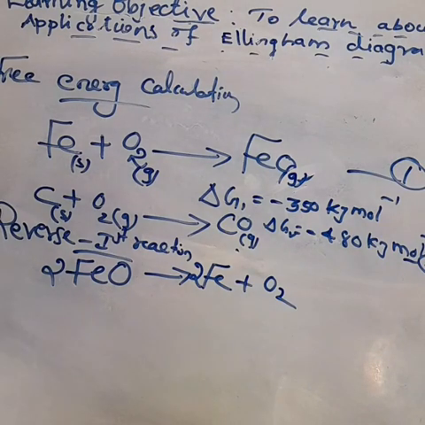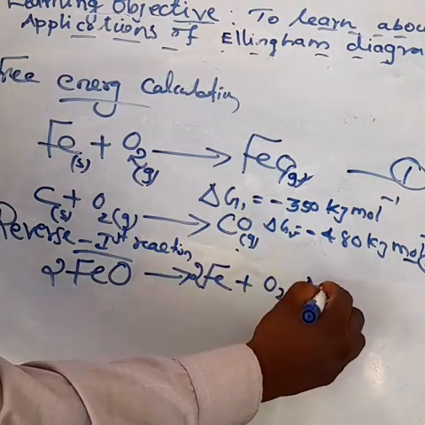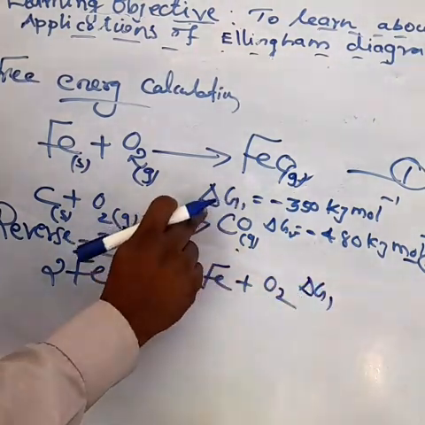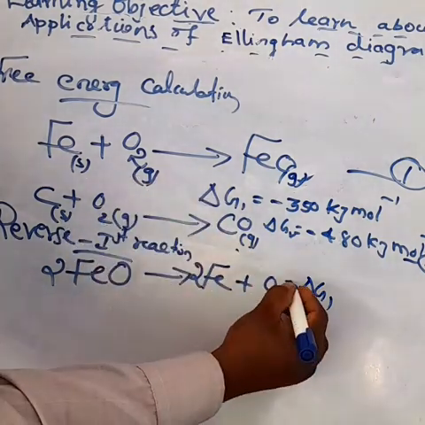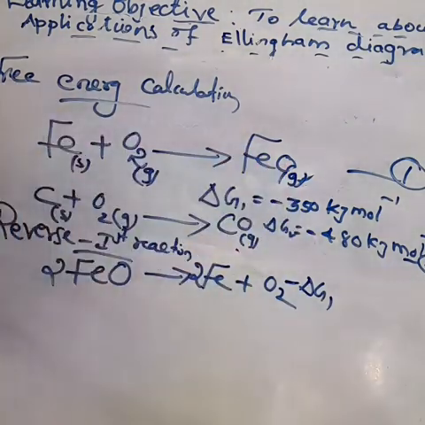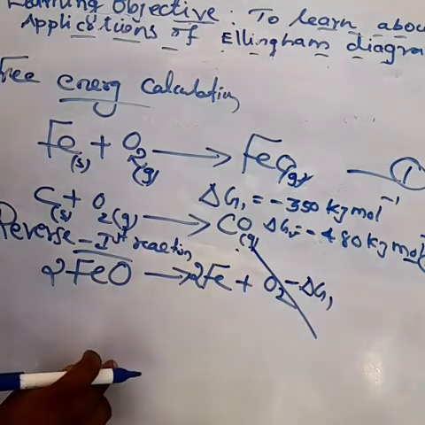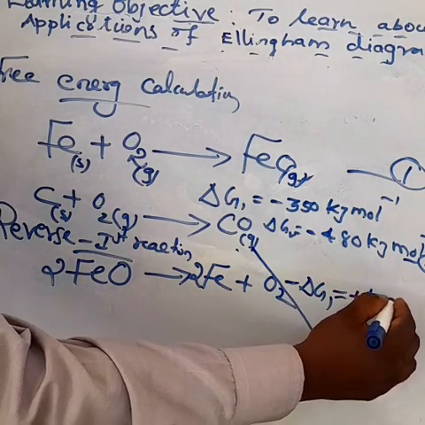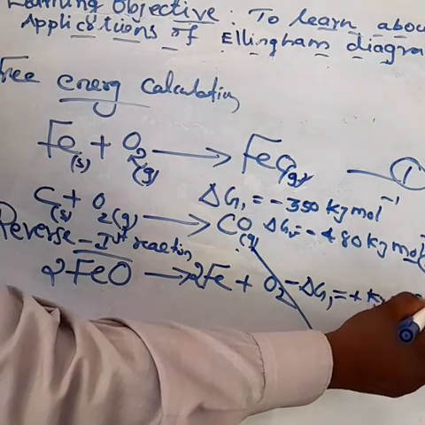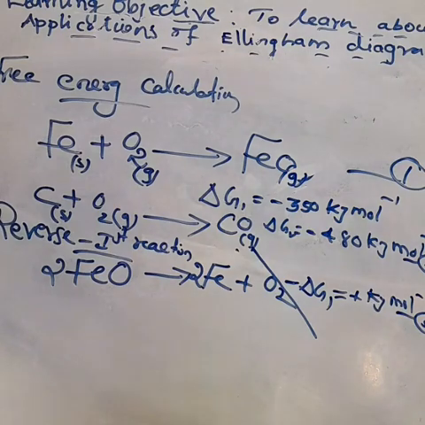You have to balance the equation. Delta G1 was negative, but because it is a reverse reaction, I write the positive value, plus 350 kilojoules per mole. That's the third equation. Can you understand me, my dear children?